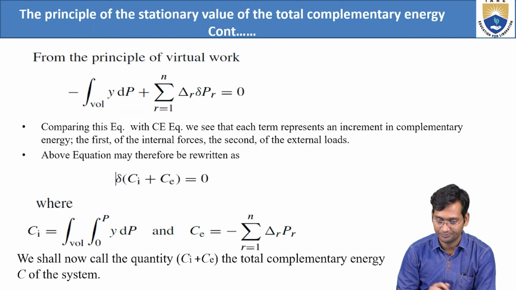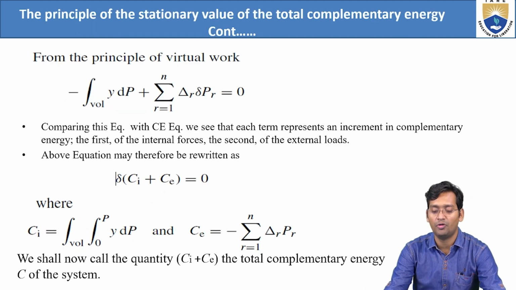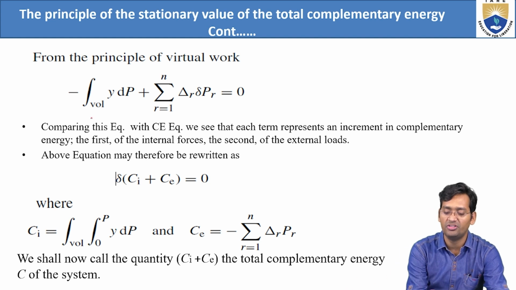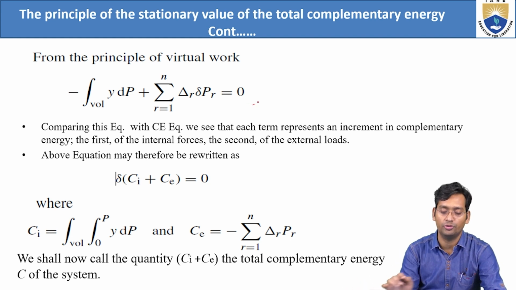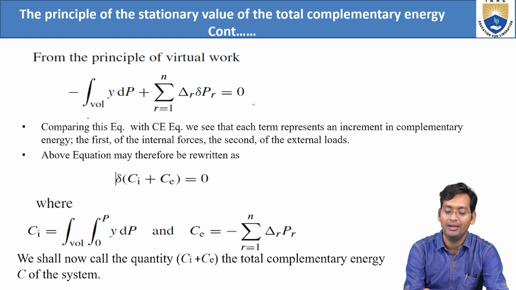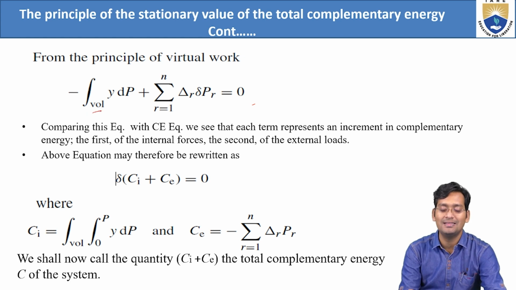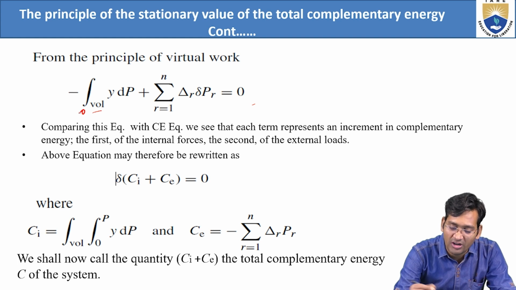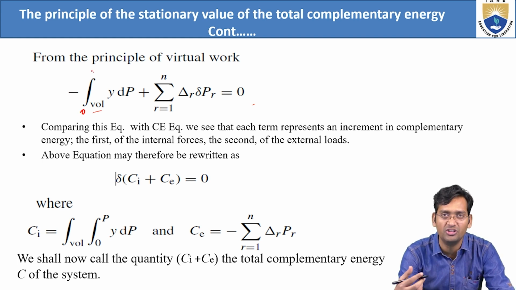Okay. Now from the principle of virtual work, that sum total should be equal to 0. So just make it equal to 0. From here, negative of the integral, where this volume stands for the integral over the entire volume, or simply 0 to whatever the shape of that volume is. Suppose a sphere is there, for that sphere you are finding, then it will be 4 by 3 pi r cube.